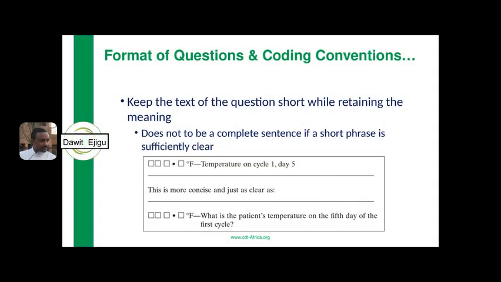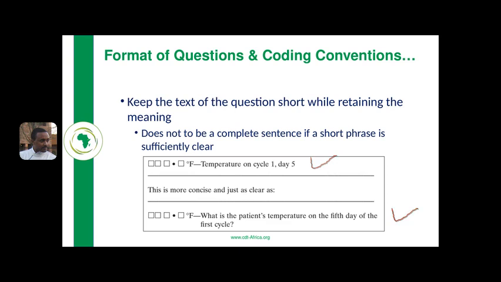We need to keep the questions in the CRF as short as possible while retaining the meaning at the same time. The sentences in the CRF don't necessarily need to be complete if they give the same meaning. For example, you can compare the two questions here. The first one is brief: temperature on cycle 1, day 5. It's clear what's being asked for.